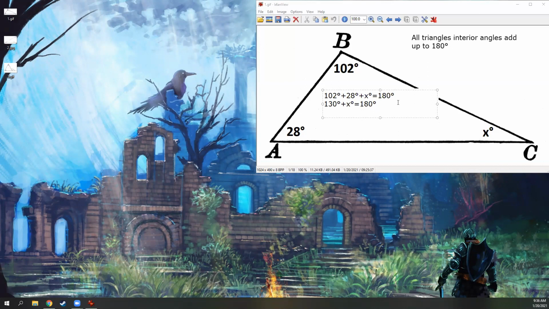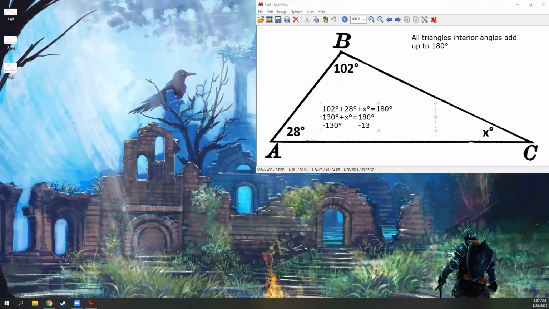And then we know that when we're dealing with variables like this, you just do the opposite to both sides to solve for the x. We want to get this 130 away from x. So what we're going to do is minus, because that's a positive 130, minus 130 degrees from both sides.